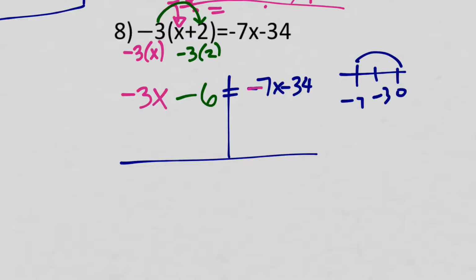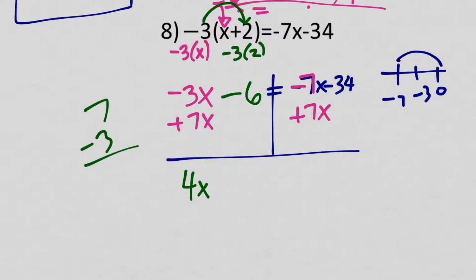So the opposite of subtracting by 7x is to add 7x. So negative 3x plus 7x will give us a positive 4x. I have to subtract because the 3 is negative and the 7 is positive. So you have to subtract because they're different signs, and that'll give you a 4. Keep the sign of the biggest number. The biggest number is 7, so it's positive.